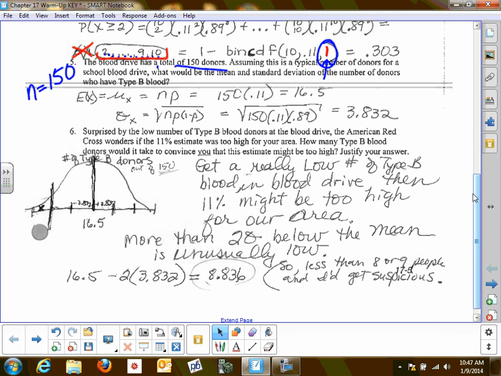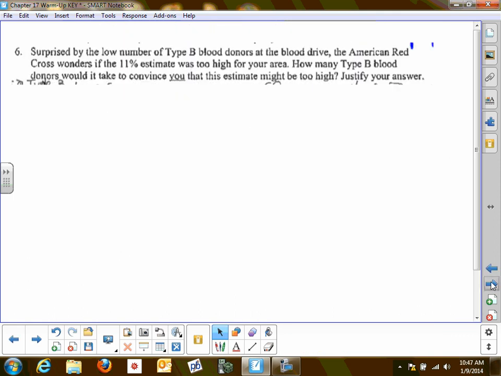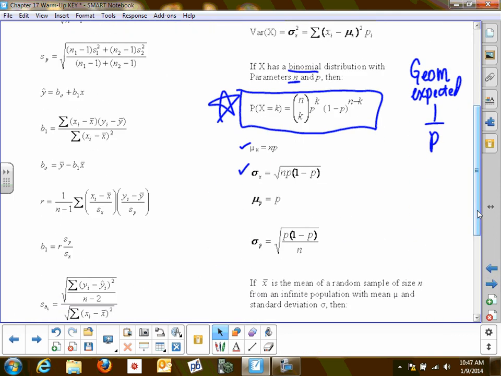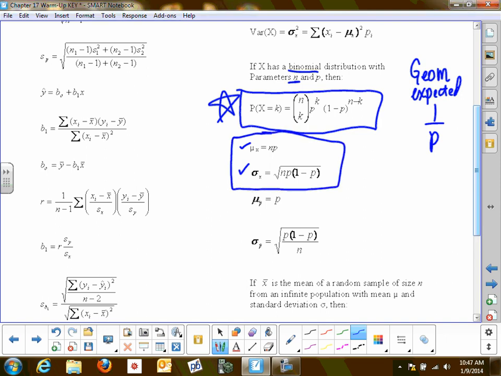And the binomial expected value, right here, the binomial expected and standard deviation. Expected is the same thing as what you expect on average. So see, there's the mean. So the mean and the expected are the same, because that's what you expect on average. And then here's the standard deviation.